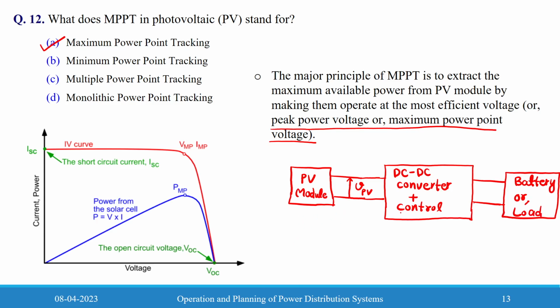If we want to take the maximum power from the PV module, we just need to maintain the voltage across the PV module at VMPP, the maximum power voltage or peak power voltage. So if VPV is VMP, then the PV module will produce maximum power.